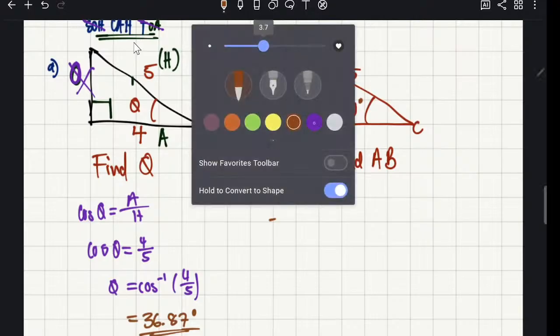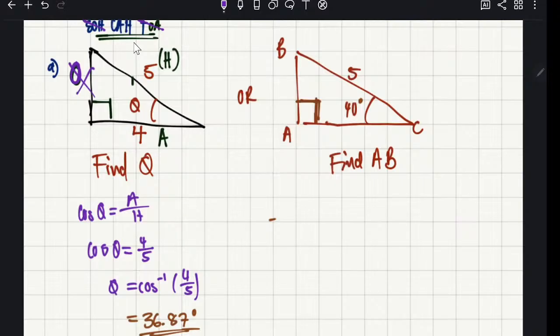Why can't we use Pythagoras? Yes, because there's only one side. To do Pythagoras, we must have how many sides? You need two sides to do Pythagoras. You've been given one. So it doesn't work here.